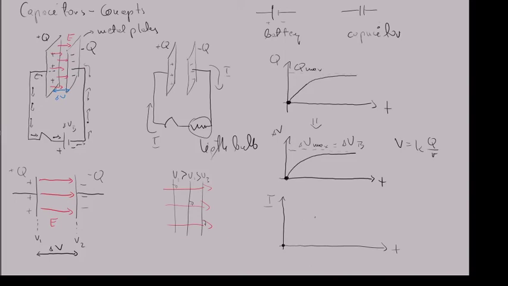But eventually this current has to decrease, and in fact it has to stop, because given enough time you reach the maximum charge that you can pack into the plate of a capacitor. That's actually not quite true, at least in theory, because this is an exponential function, so you never reach that Q max.